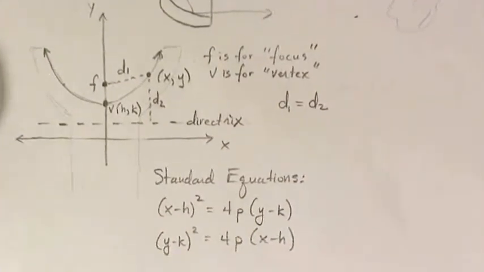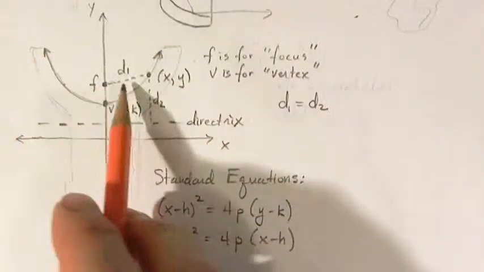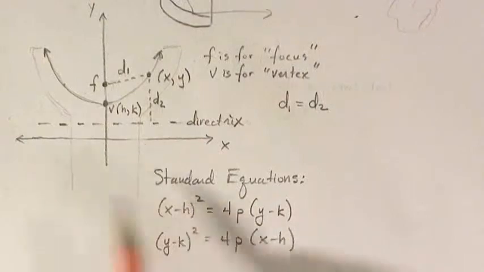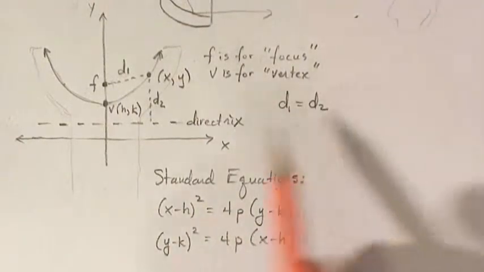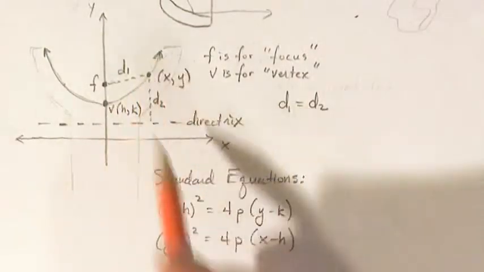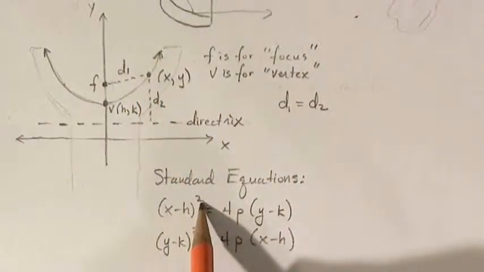Oh my gosh, now you're going to ask me, why do we have two equations? Well, parabolas sometimes go this way, and parabolas sometimes go sideways. Now the ones that you're used to are the ones that go upward. And the ones that go upward, the x is always squared.